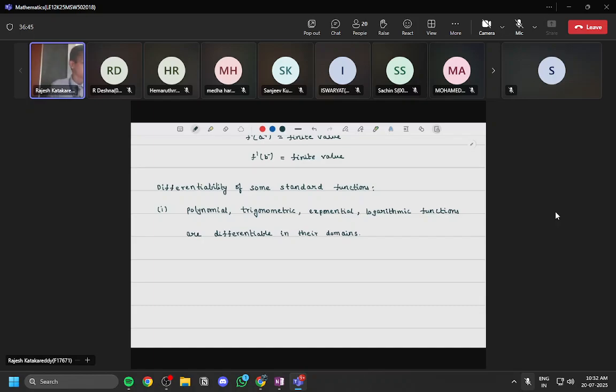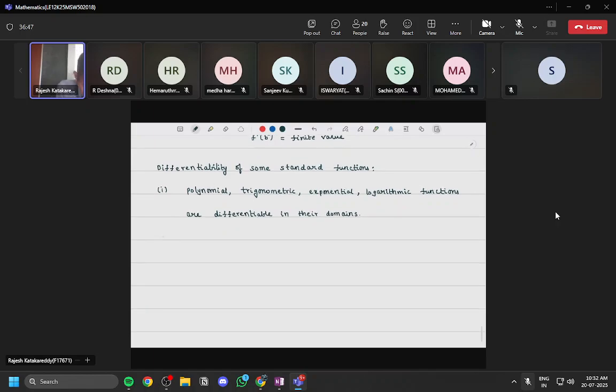Am I clear? So let us add that about inverse trigonometric here. Tan inverse x, cot inverse x are differentiable in R, which stands for the set of real numbers.